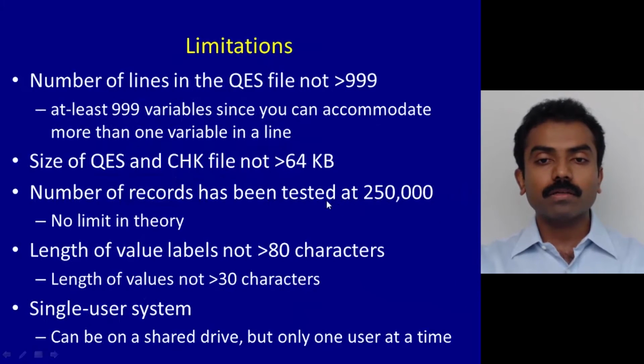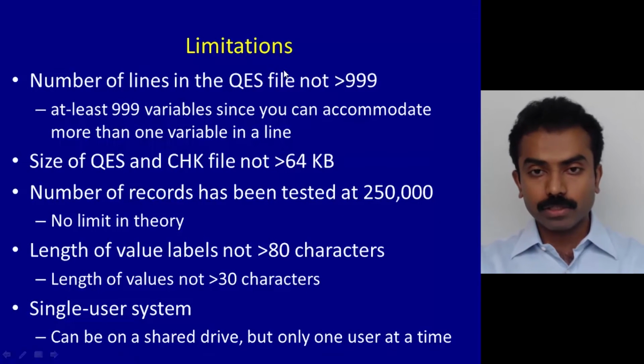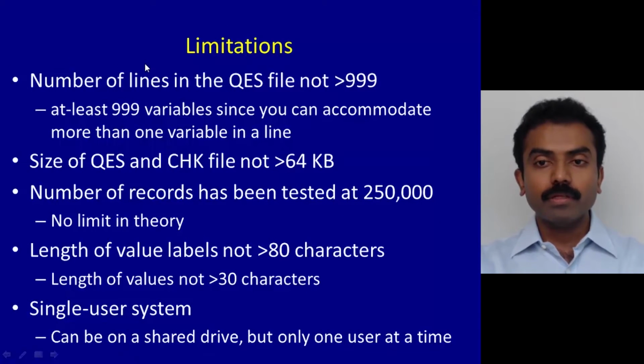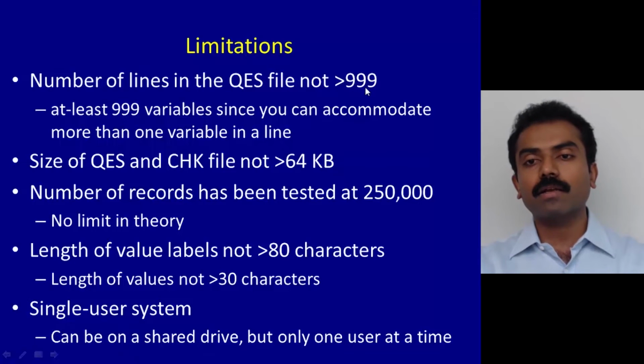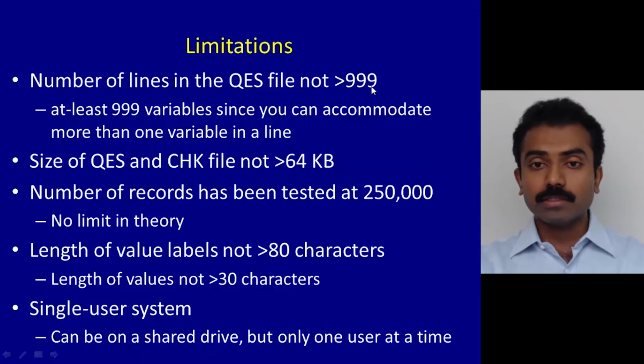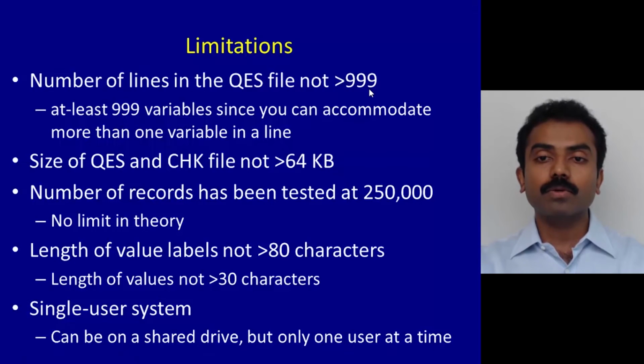Finally, a slide on potential limitations of EpiData Entry. These are not really big limitations, but just for the sake of completeness, I have to mention it here. The first limitation says the number of lines in the QES file cannot be more than 999. That means it indirectly tells me that you can't go beyond 999 variables in a dataset.